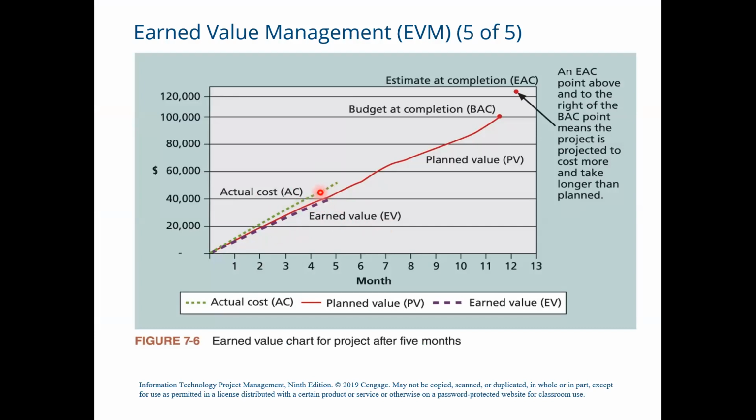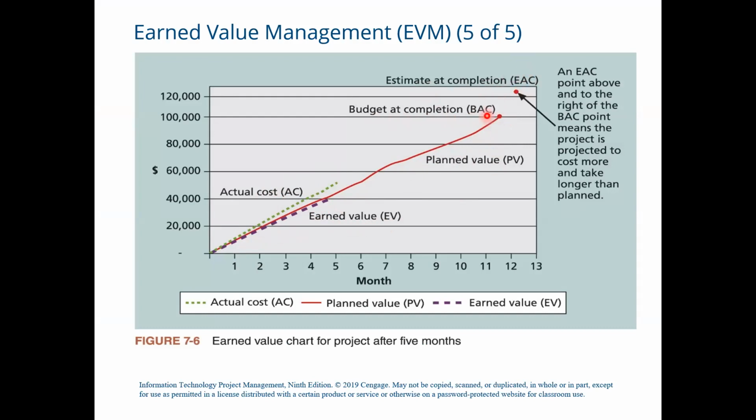So the chart includes 3 lines altogether and 2 points. One line is actual cost, another is earned value, and the third is planned value. The 2 data points are the budget at completion, BAC, and the estimate at completion, EAC.